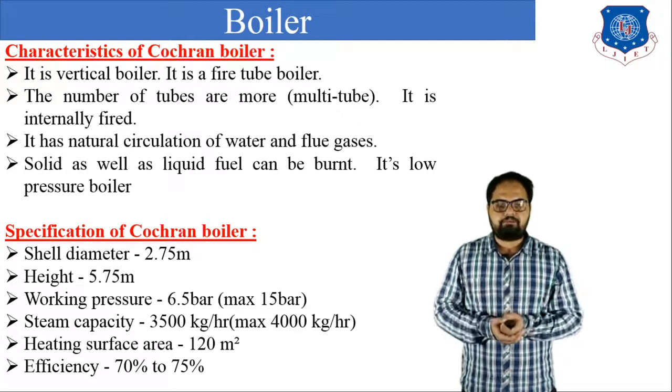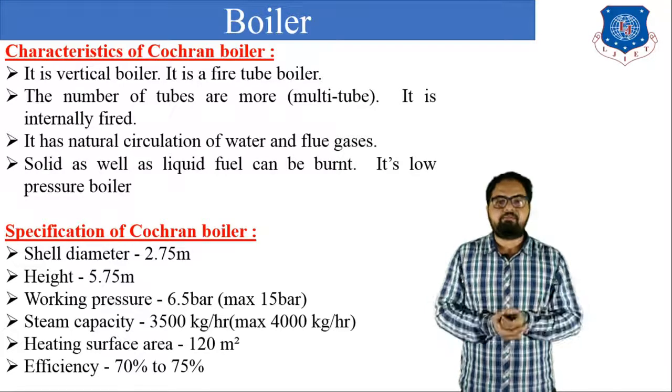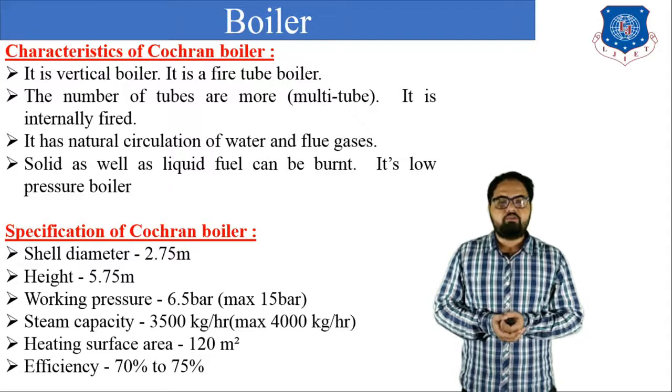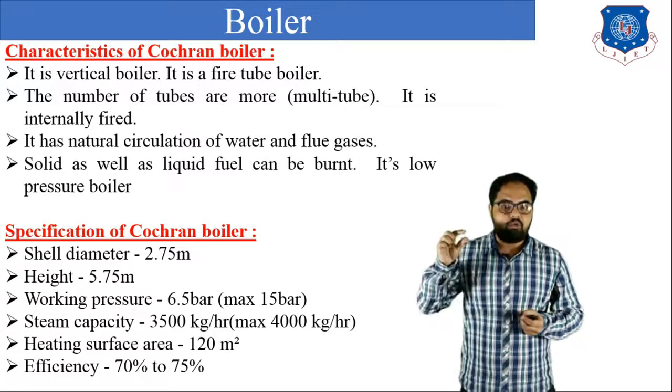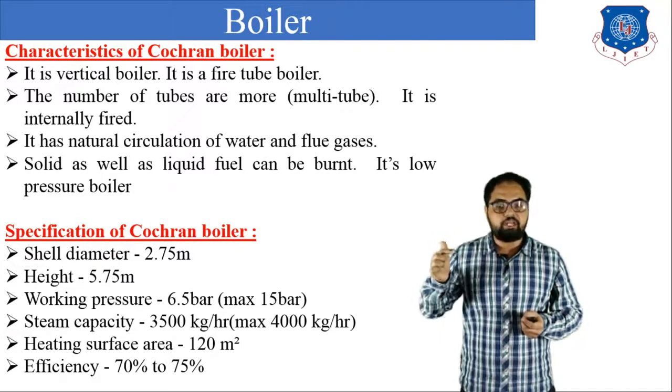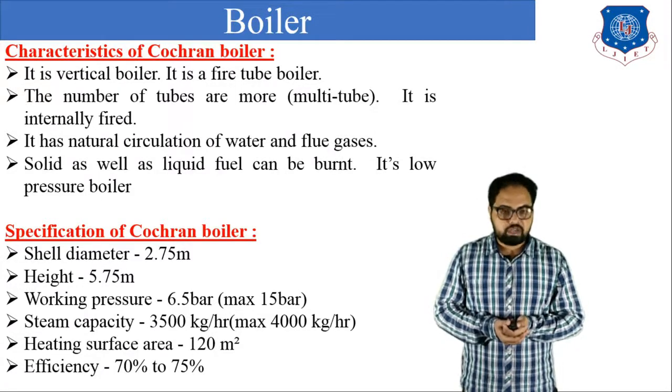Steam generation capacity is 3500 kilogram per hour and maximum steam generation capacity is 4000 kilogram per hour. The heating surface area, that means the area in contact with the water, is 120 meter square, and the efficiency of the boiler is around 70% to 75%.